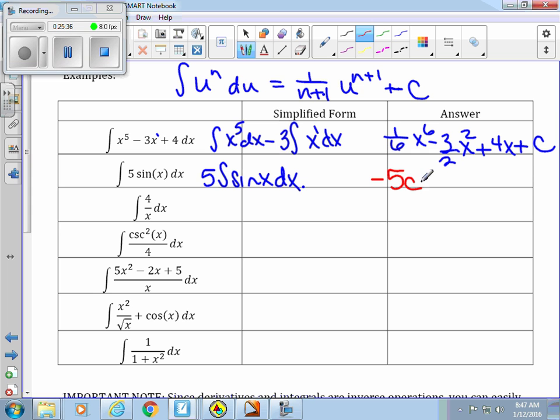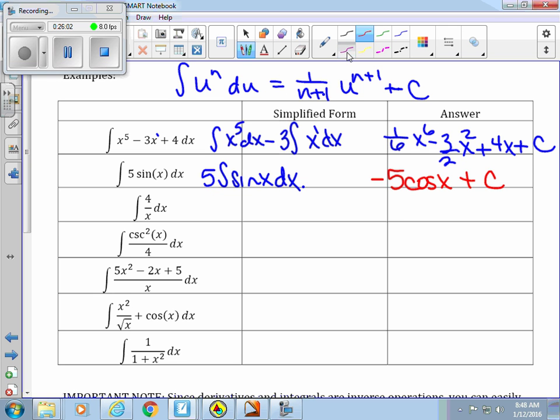Why negative cosine? Because the derivative of cosine is negative sine, so negative negative will give you that positive. Strange, but sure enough. And you'll notice that's what the rule said. You don't have to come up with these rules. It'll hurt your brain today. You'll get better tomorrow.